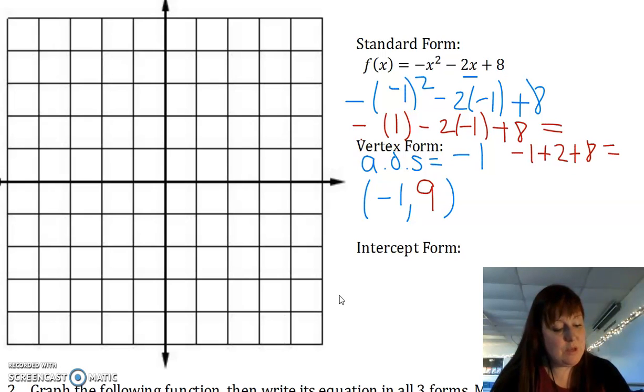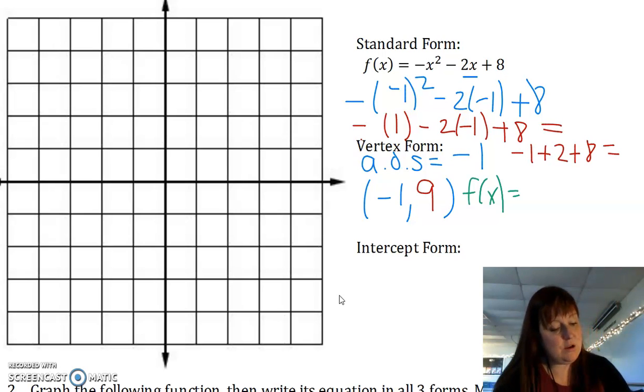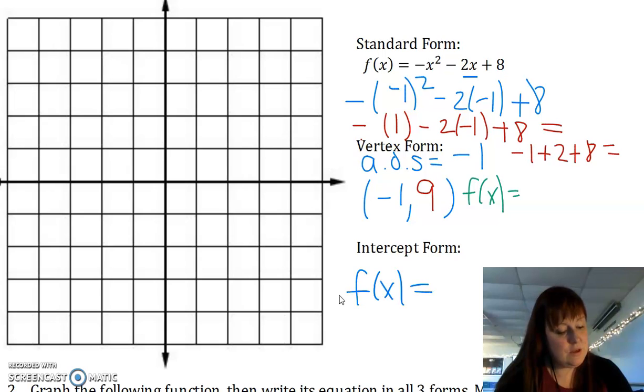So let's see, that would be f of x equals... now remember vertex form, let me get some more space here. Okay, vertex form is f of x equals a times x minus h plus k.